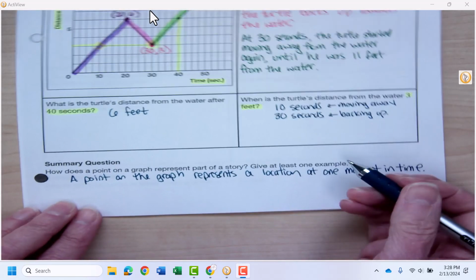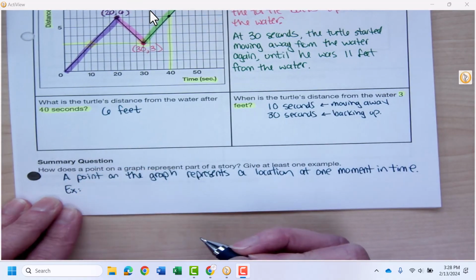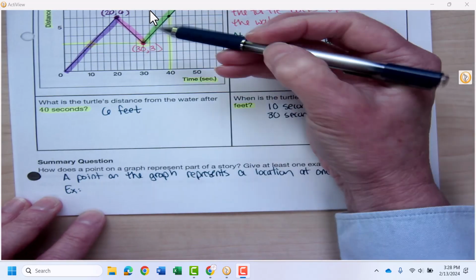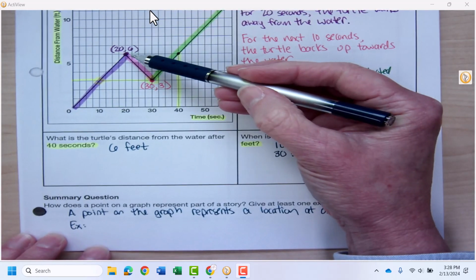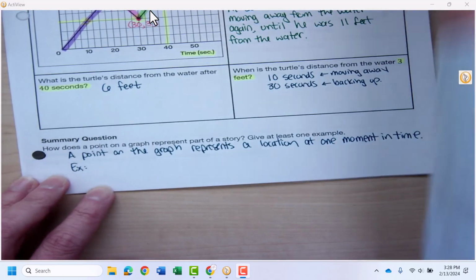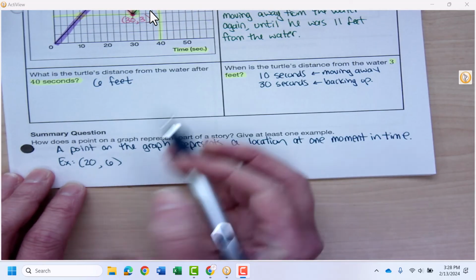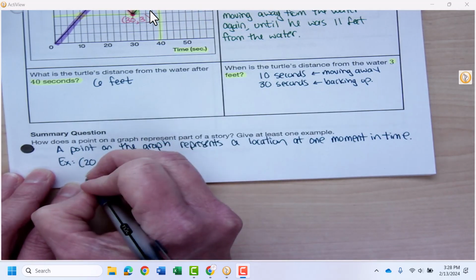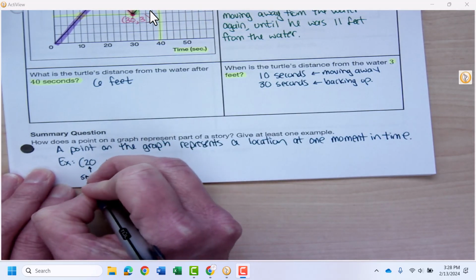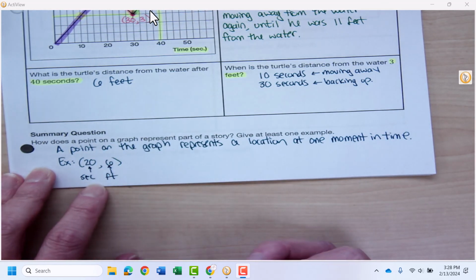And for example, it says give at least one example. Let's take the coordinate (2, 6) from up here and talk about what that says about a moment in time for this turtle. If we read the graph, we could see that this first number represented seconds, and the second number represented the distance from the water in feet.